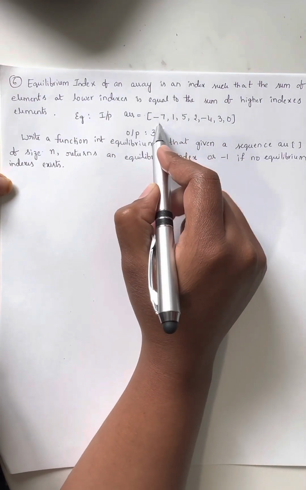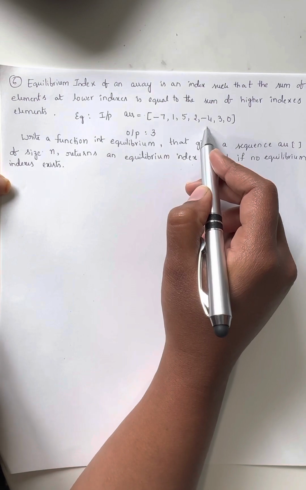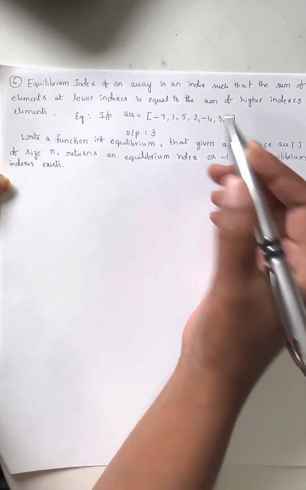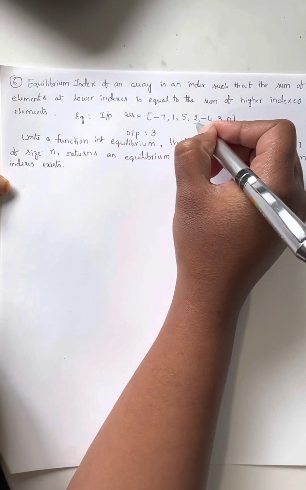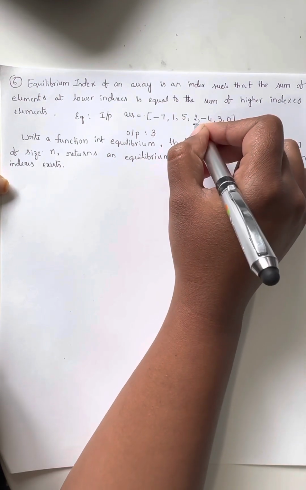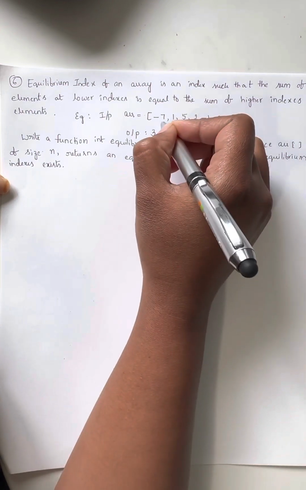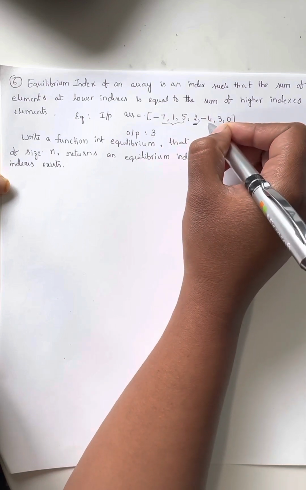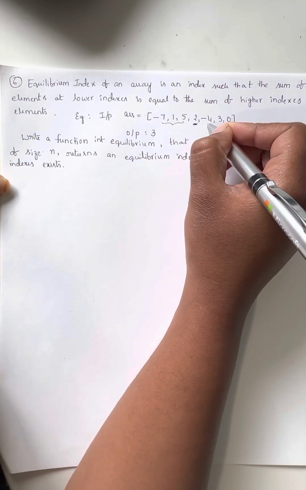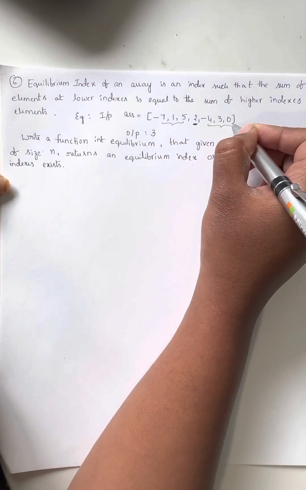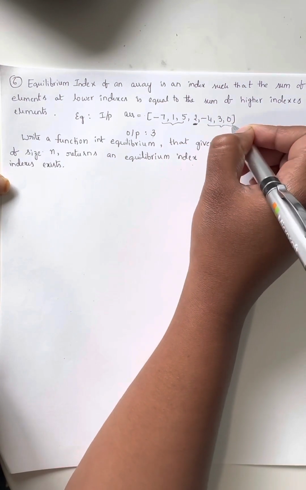We have an array which has both positive and negative numbers, and the output is 3, which means index 3 is the equilibrium index. If we add up all the elements before this index, it should be equal to the sum of all the elements after the equilibrium index.